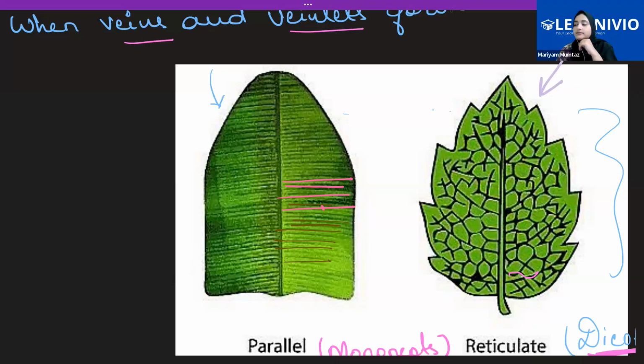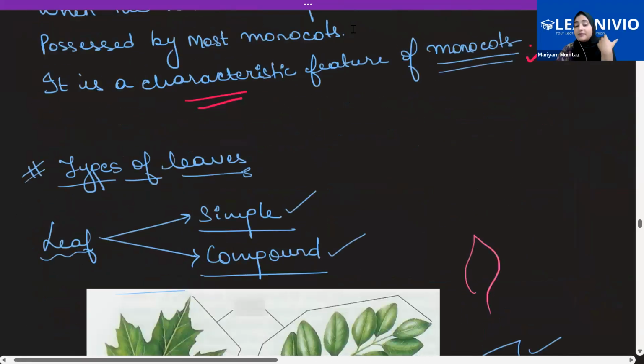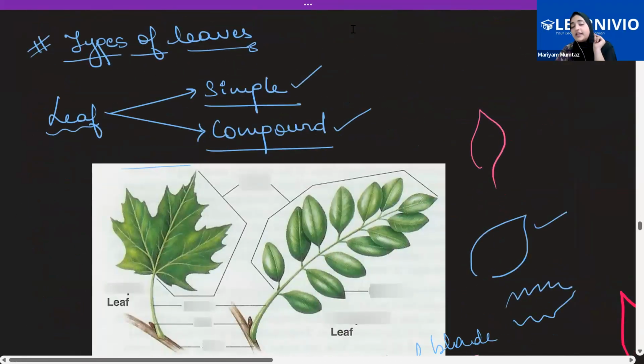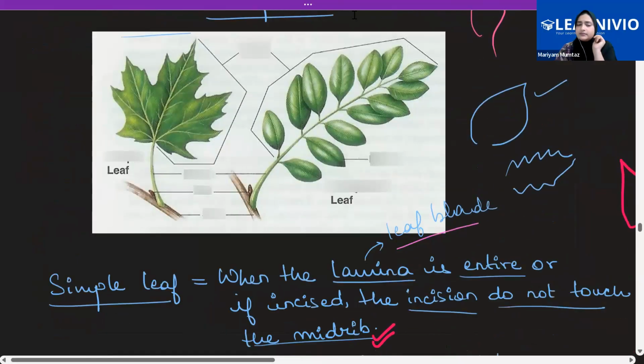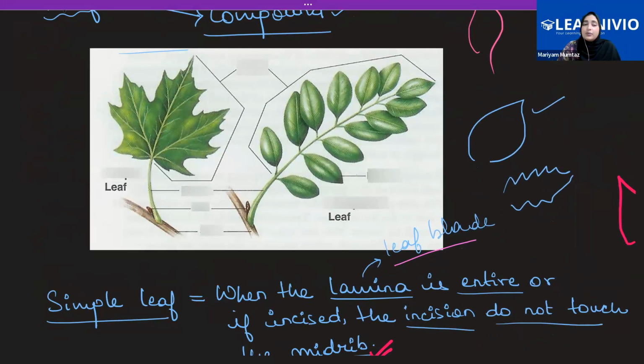Okay. Now, furthermore, talking about the leaf, the different types of leaves. The leaves are of two types, simple and compound. Now, what is the difference? Simple leaves are those in which there are no further leaflets made, like case 1.